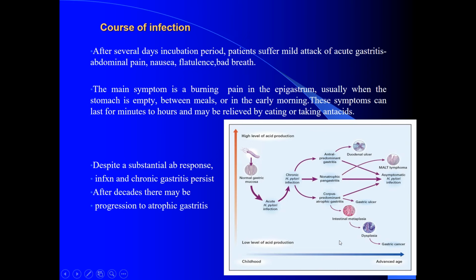WHO صنفت ال H. pylori as a first carcinogen، يعني شافوا إن ال H. pylori هي من الفيرست carcinogen، يعني يتحول إلى كانسر. وشافوا إن 95% من البيشنت اللي عندهم gastric ulcer عندهم history of the H. pylori infection، يعني إن ال H. pylori هي ال main causative agent of the peptic ulcer.